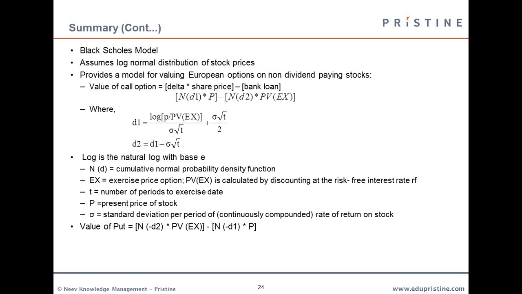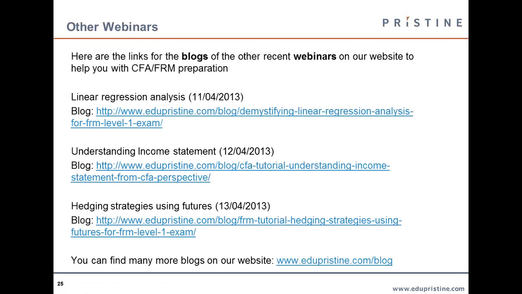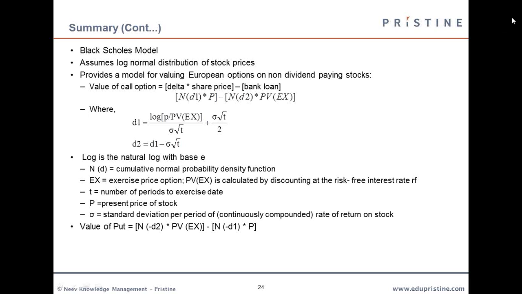Finally, we had the Black-Scholes model, in which we have this simple formula: N(d1) times P minus N(d2) times the present value of exercise price, wherein the values of d1 and d2 are as given. You can simply calculate using this. In case of put option, the signs slightly change, and minus d2 will have the opposite sign. So that's it. That's the session here.